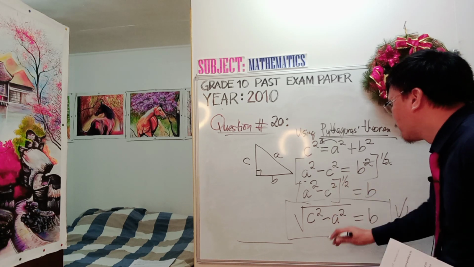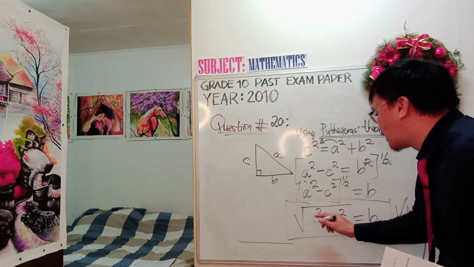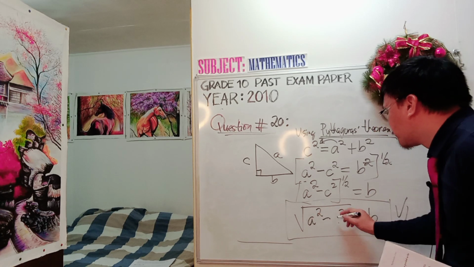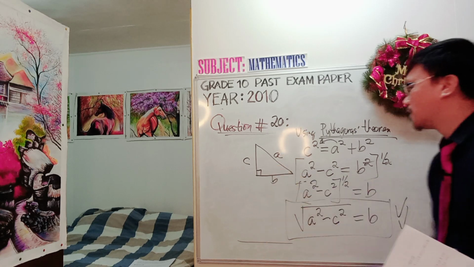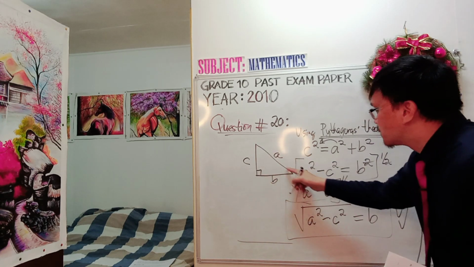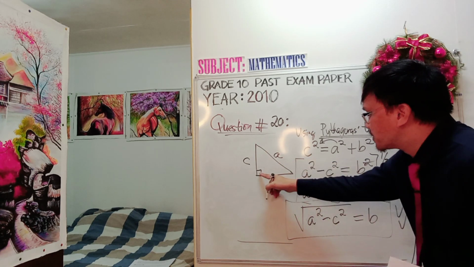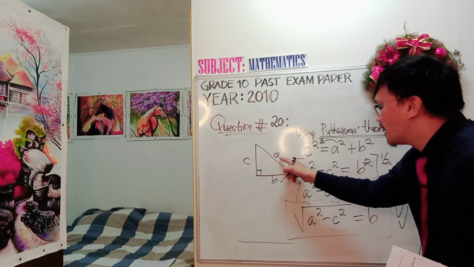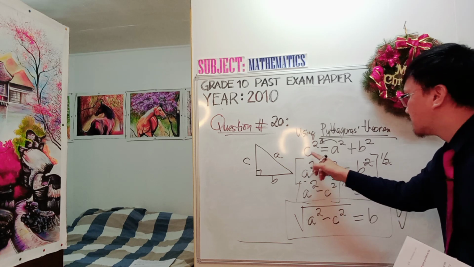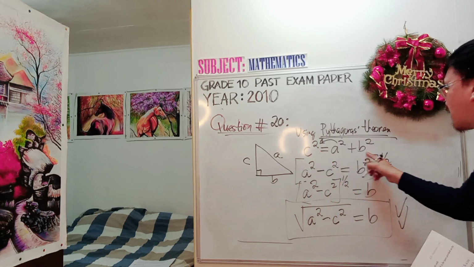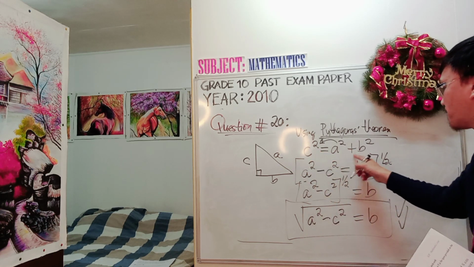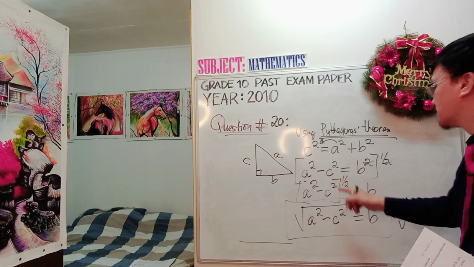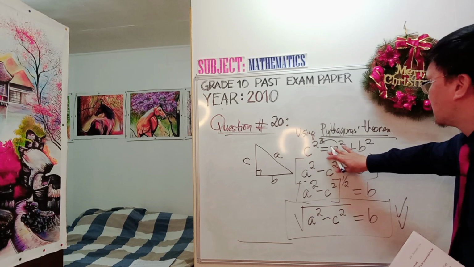You have to make sure that you are looking at the correct given. So this, the hypotenuse, which is the longest side, opposite to the right angle symbol, is the a. And that means that c squared from this Pythagoras theorem, c squared equals a squared plus b squared, is actually a squared minus c squared.